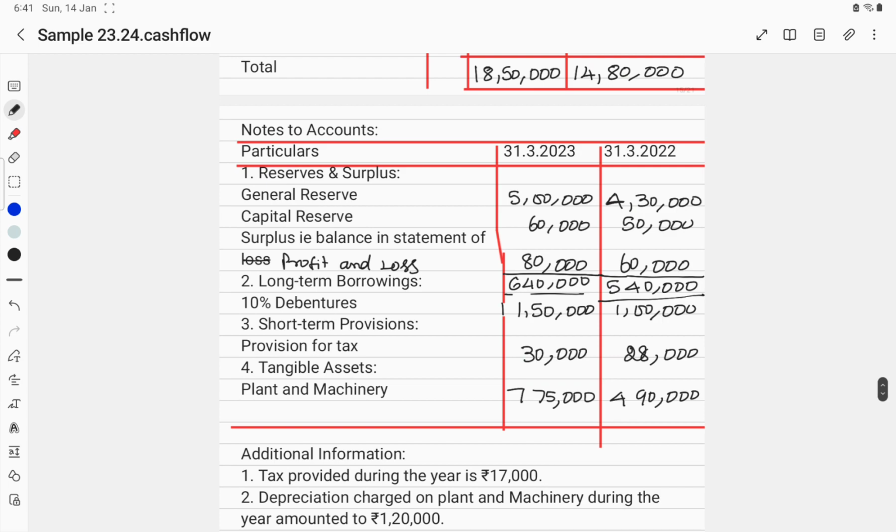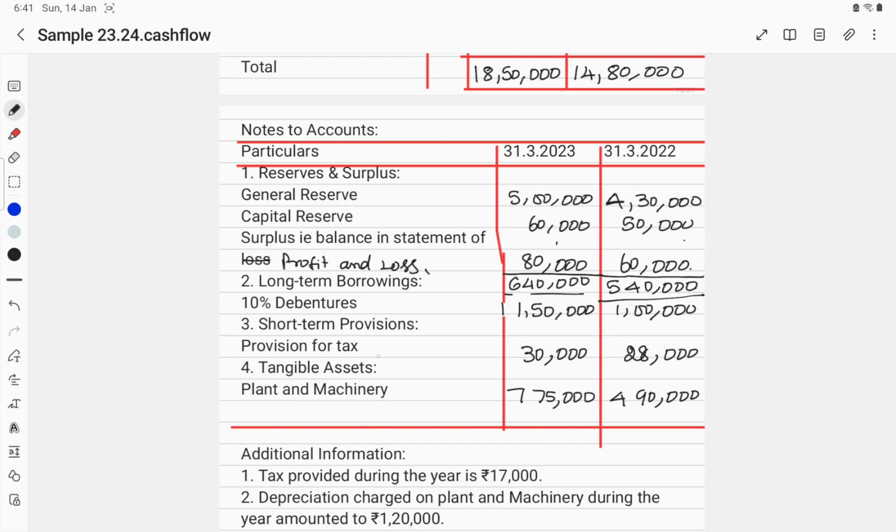Notes to accounts. Reserves and surplus. General reserve 5 lakhs, 31/3/22 4 lakhs 30,000. Capital reserve 60,000, 50,000. Surplus, that is balance in statement of profit and loss 80,000, 60,000. Therefore, reserves and surplus total 6 lakh 40,000, 5 lakh 40,000.